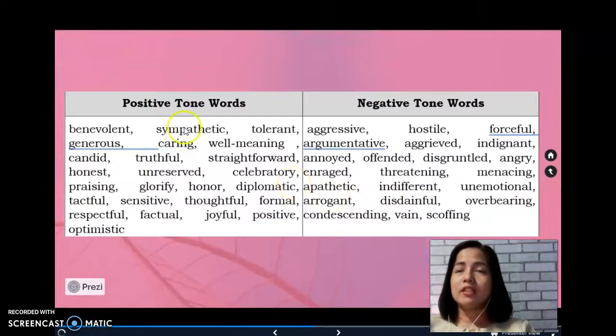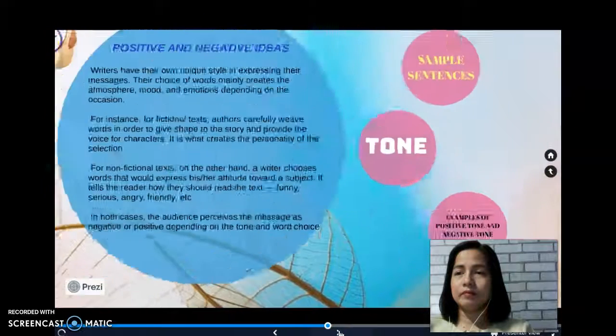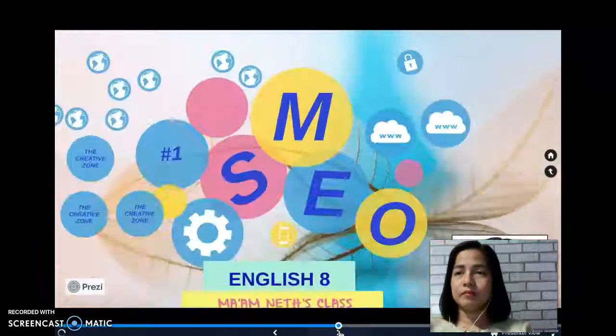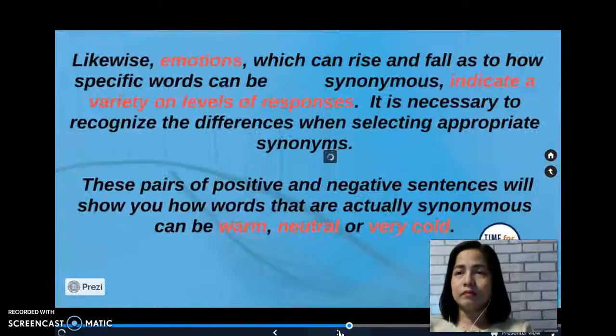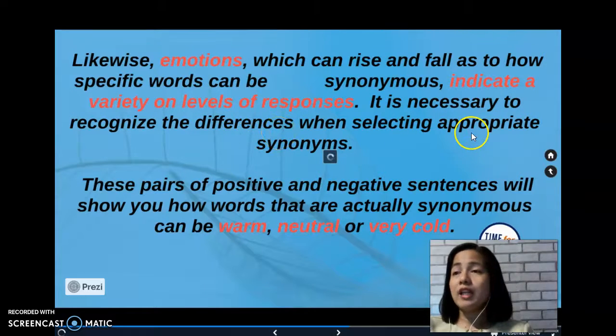We also have these positive tone words and negative tone words. Likewise, emotions can rise and fall as to how specific words, even when synonymous, indicate a variety of levels of response. It is necessary to recognize the differences when selecting appropriate synonyms.